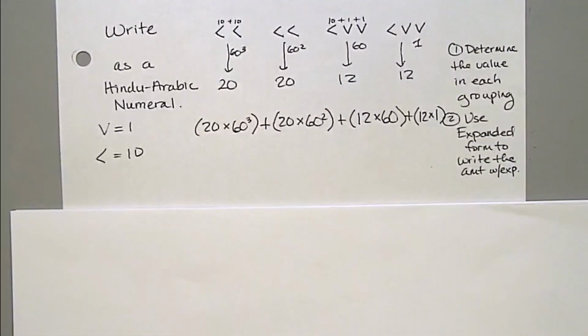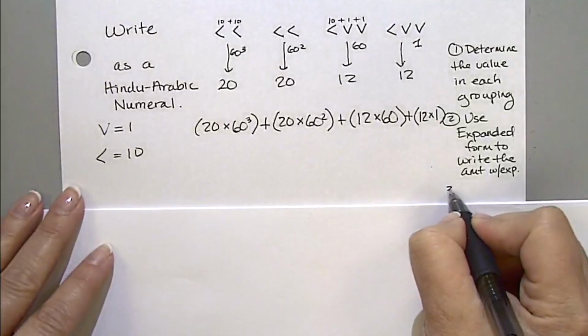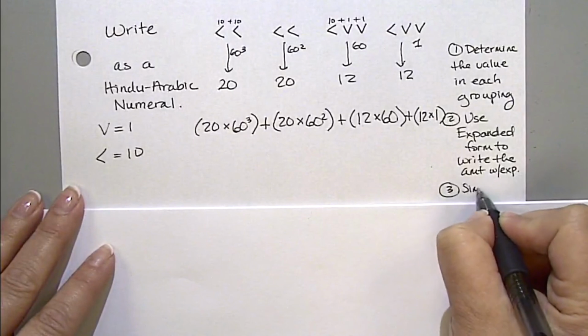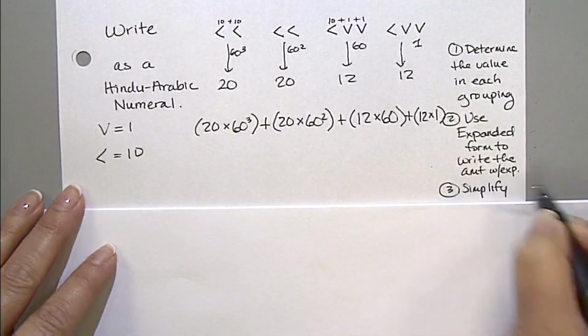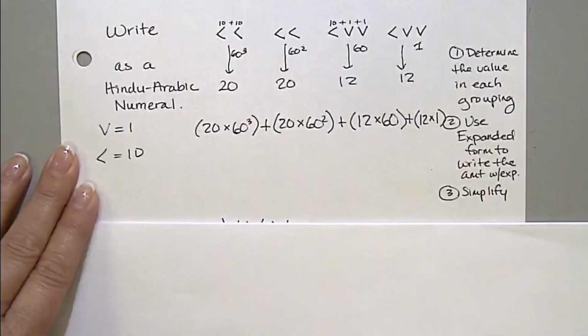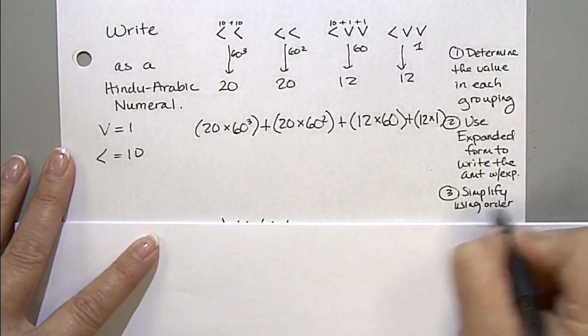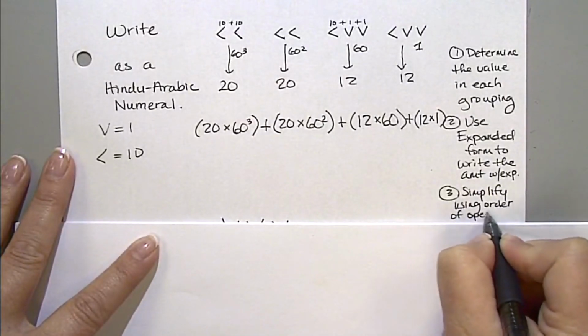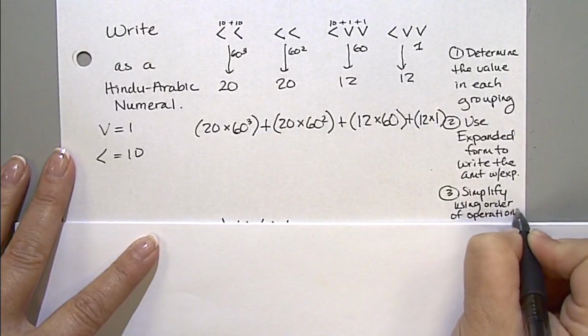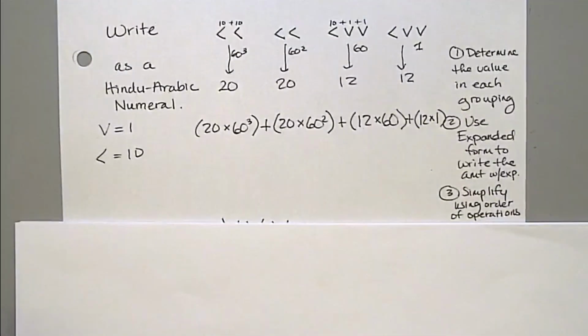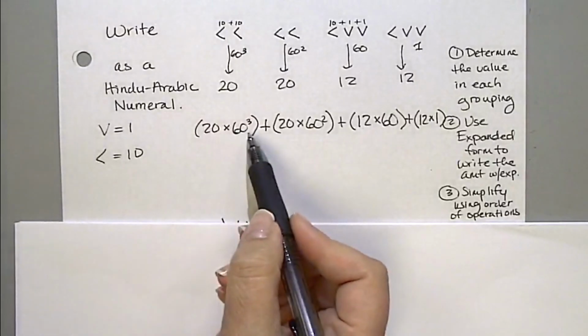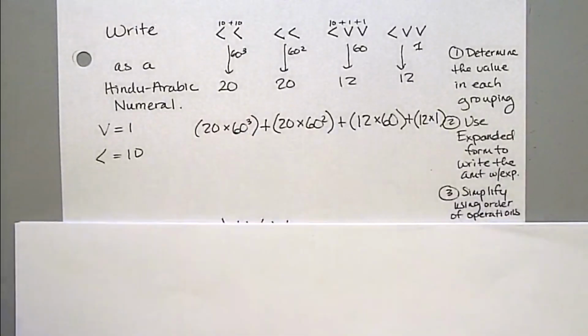So we have just written it in expanded form. And then step 3 is to simplify using order of operations. You want to multiply each amount out, and then add it together.